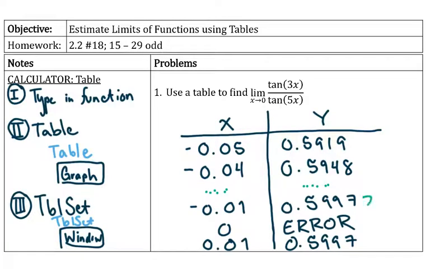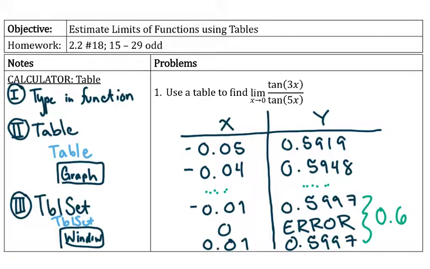And we can see based on this that the limit that it's approaching, and this does require a little bit of a logical leap, is that these are getting really, really close to 0.6. And that's actually going to be the limit. This kind of makes sense here, because it doesn't always work out this way with trig, but you can think, well, these are both tangent, and then it's 3x over 5x, which would be 0.6.